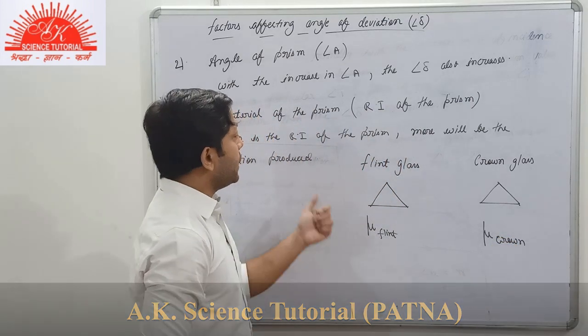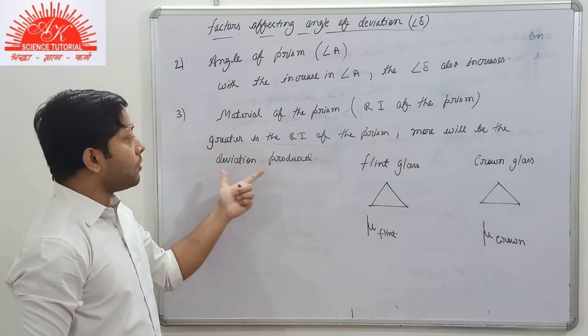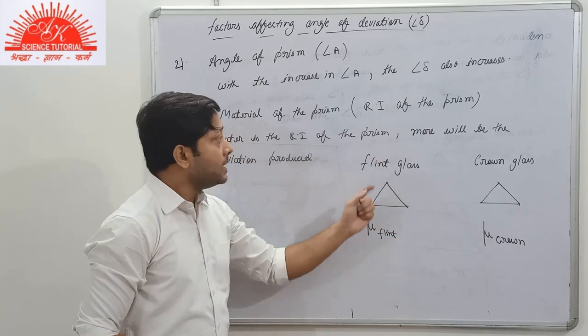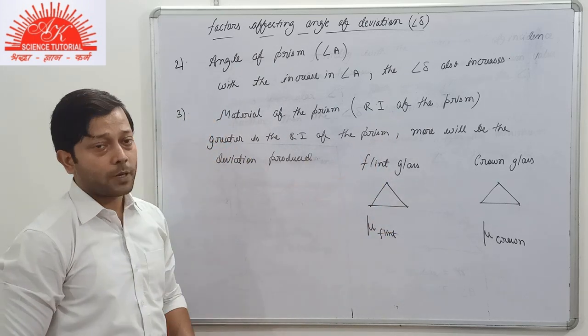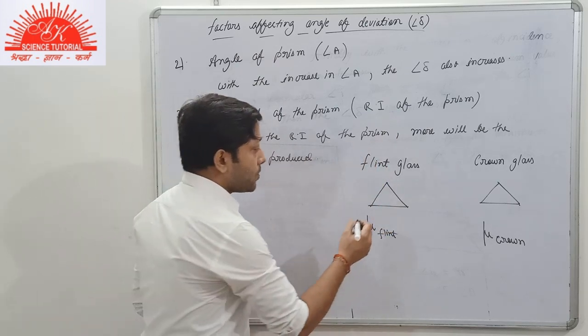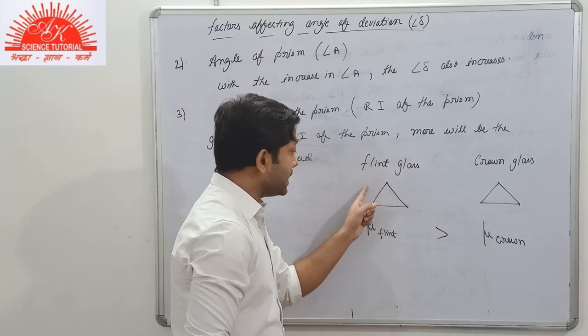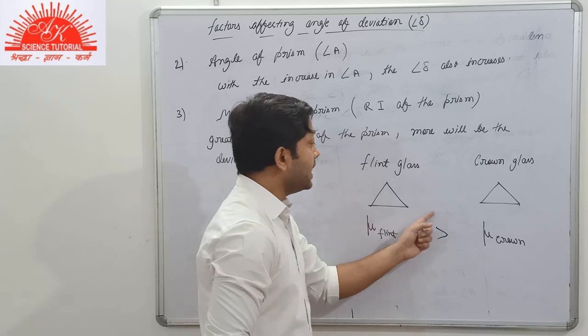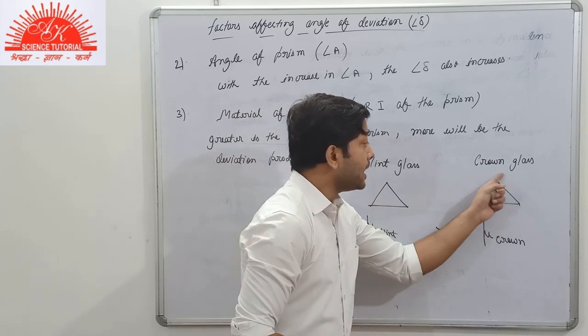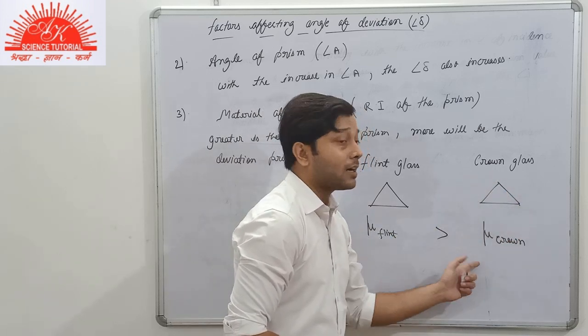As I told you, greater is the refractive index of the prism, of the medium, more will be the deviation produced by the prism. So the refractive index of the prism that is made up of flint glass is greater than the refractive index of the crown glass.